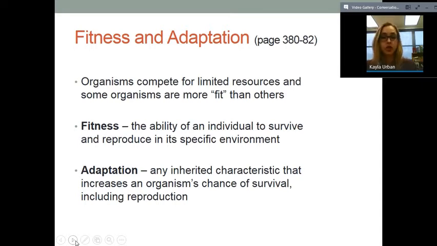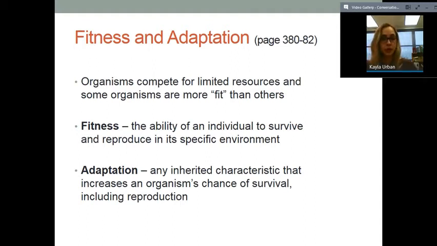An adaptation is any inherited characteristic that increases an organism's chance of survival, including their ability to reproduce or their evolutionary fitness. So organisms have to compete for limited resources like food, water, shelter, and some organisms are more fit than others, meaning that they are better able to do that, which increases their chance of surviving and being able to reproduce and pass those genes on.